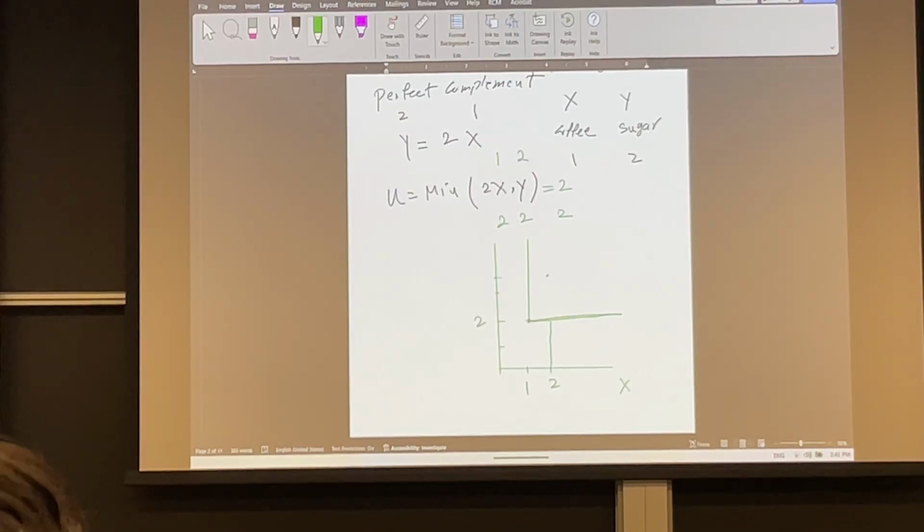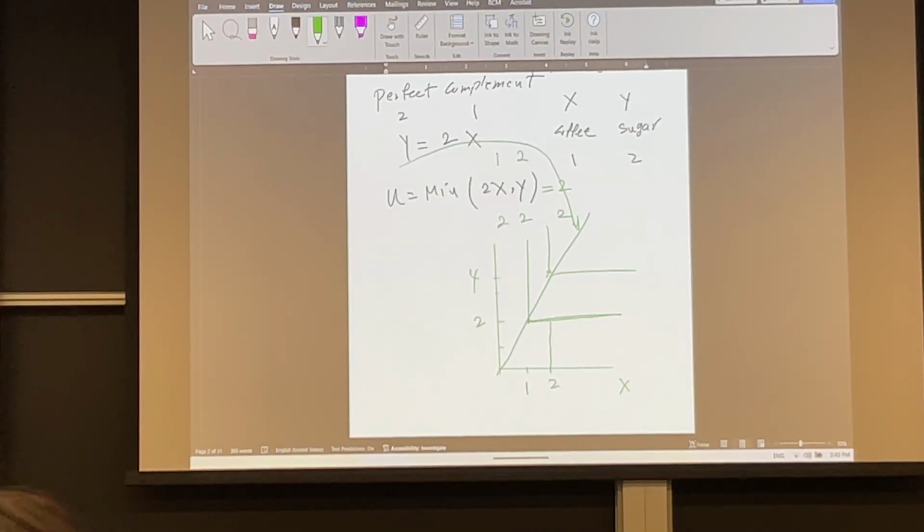Then you move to higher indifference curve. Make sense? 1 increase doesn't do anything. I have to move them up, both of them, to stay on this line. Make sense? Anything that departs from that line, nothing is achieved.